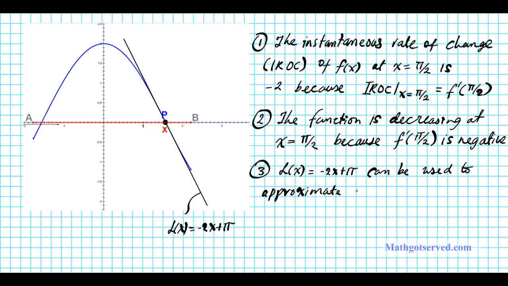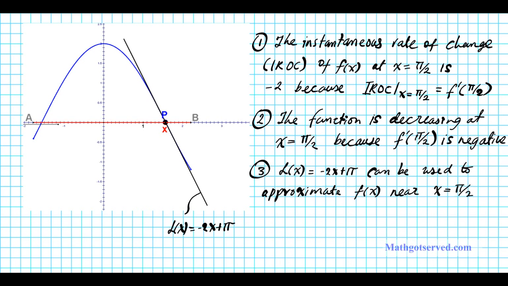It can be used to approximate f of x near that point of tangency, near x equals pi over 2. So the closer you get to pi over 2 from both sides, the much more accurate your approximation will be.